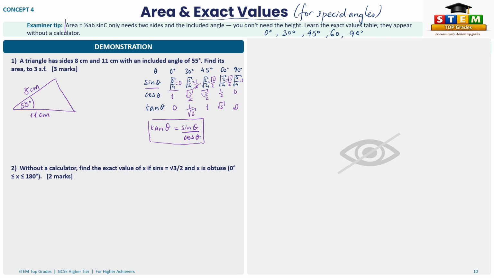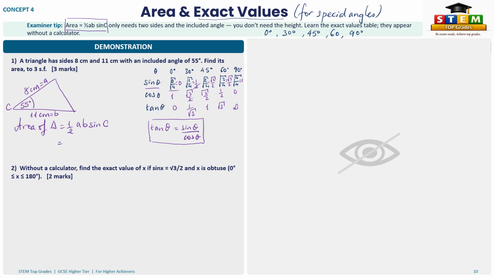In this example, we are simply applying this formula: area of triangle equals half A times B times sine C, where C is the included angle between sides A and B.